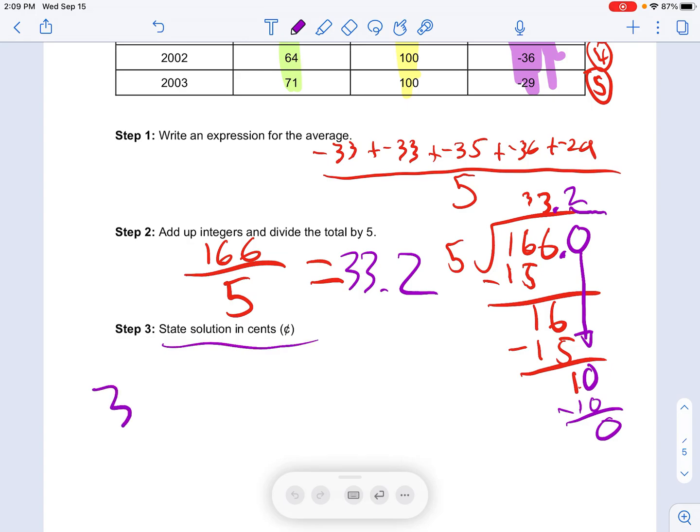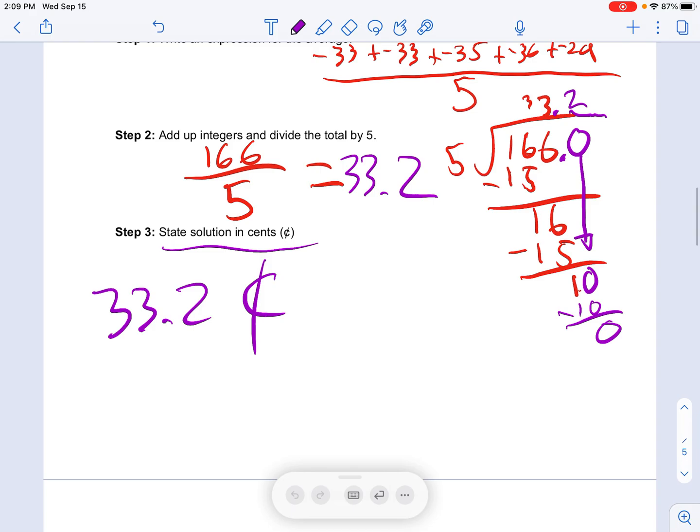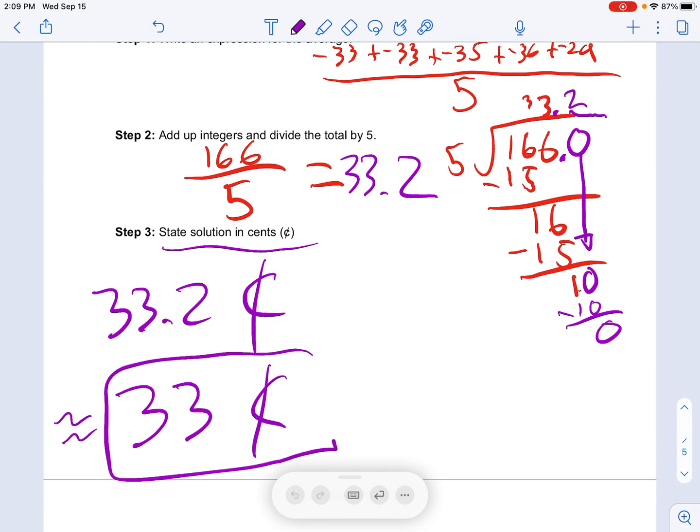It says state the solution in cents, 33.2 cents. We don't have actual cents that are 0.2, so I'm just going to round down. This symbol means approximately, and I'm going to say 33 cents. If it were an exam or a test, I would tell you exactly if I want you to keep the decimal or if you wanted to round, okay?